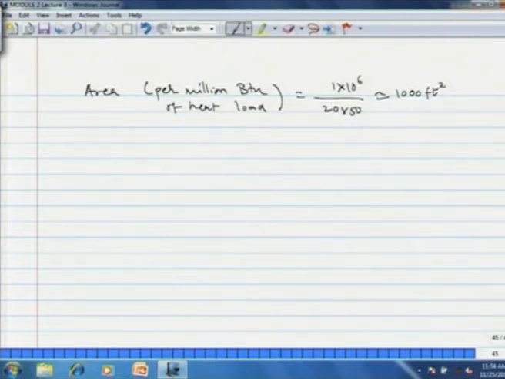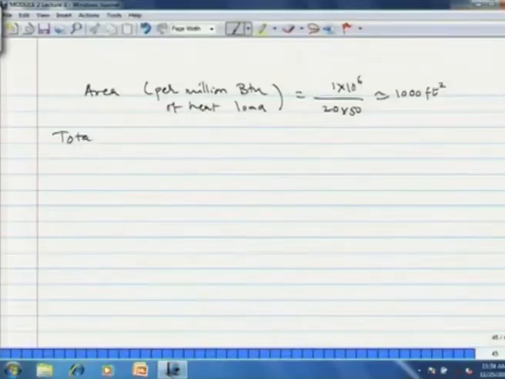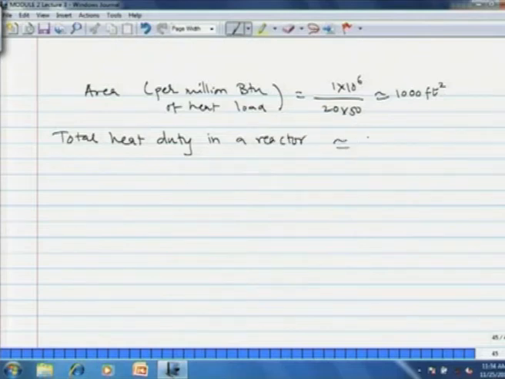Now, we have the limit of heat exchanger area in a single unit, that is 6,000 to 8,000 feet square. So, this means that the total heat duty in a reactor can be about 6 to 8 million BTU, and on this basis we can decide the molar flow rate of the limiting reactant.